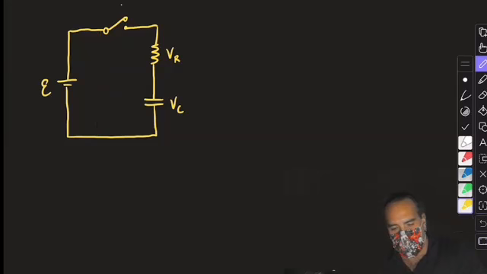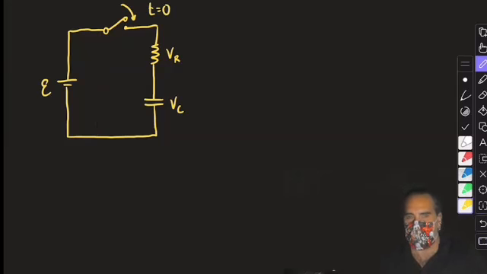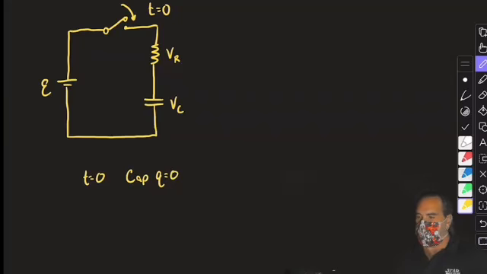So we're going to assume that the switch is closed, and we're going to call that T equals 0. And at T equals 0, we're going to have some boundary conditions. At T equals 0, we're going to say that our capacitor has a charge of 0. So it's an uncharged capacitor put in series with a resistor.